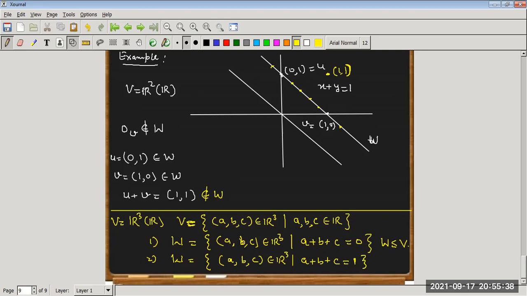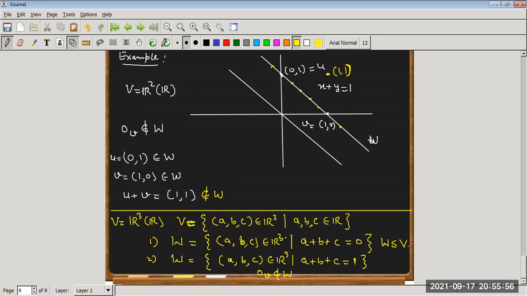It may be 1, 2, minus 1, whatever it is. Then 0 plus 0 plus 0 is not that number, so 0_V does not belong to W. So it is not a vector space.